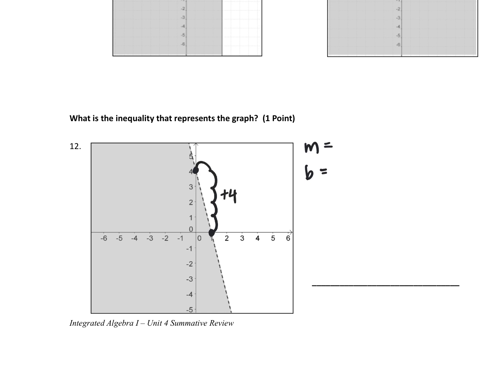So I go up 4, left 1, so my slope is negative 4. My b value is where it crosses that y-axis, so my y-intercept is 0, 4. And now I can go ahead and write my equation of the line. My equation of the line would be y equals negative 4x plus 4.